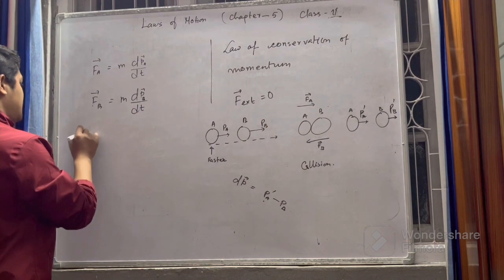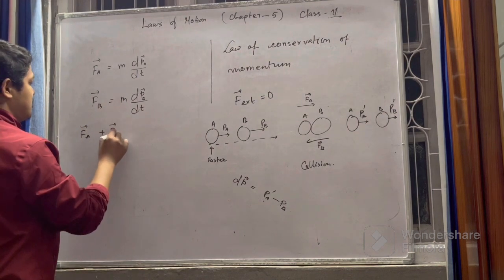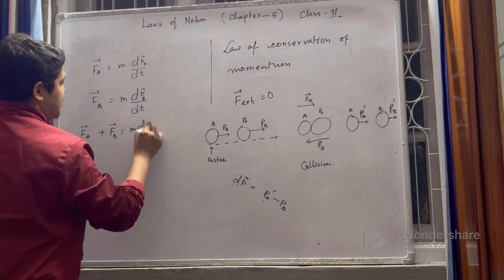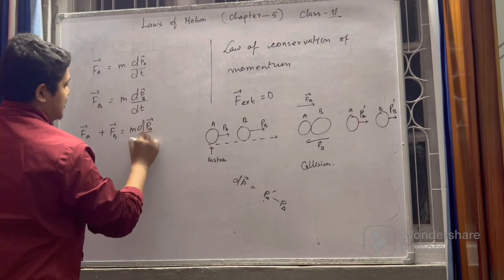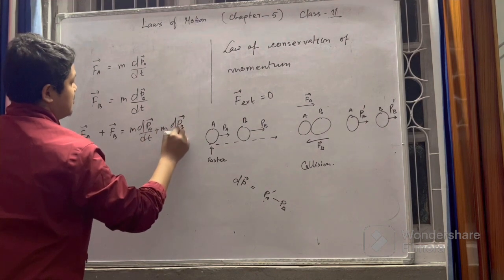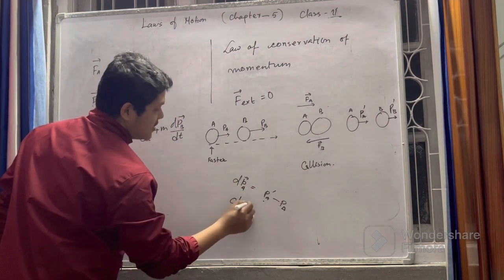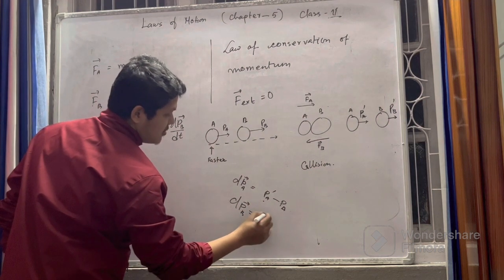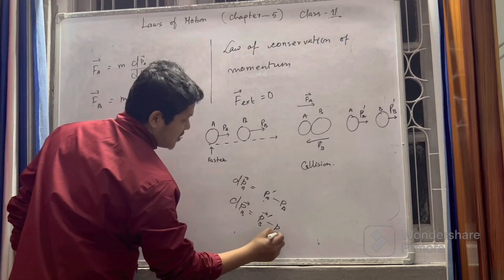Now you see, if you add these two, FA plus FB, then you should get m dPA by dt plus m dPB by dt. So this is dPA and this is dPB, that is nothing but P dash B minus PB.